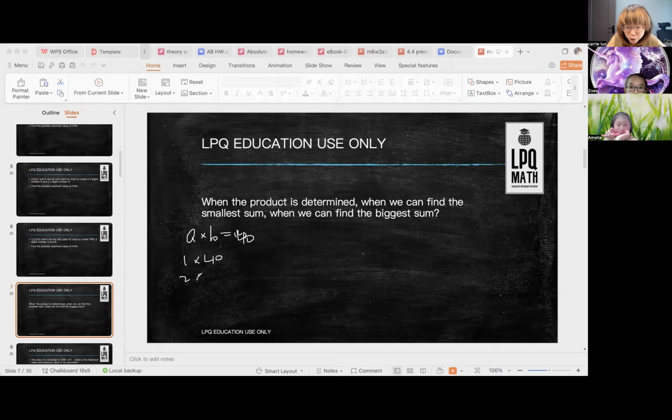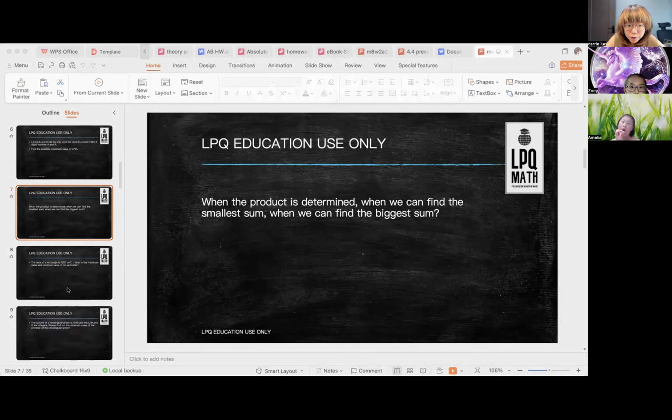It could be 1 times 40, 2 times 20, 5 times 8. Correct? So 41, 22, and 13. You see, 两个数字隔得越远，它们两个人加起来是不是越大呀？Understand? So this time is opposite. You want to make the differences the bigger, the better.